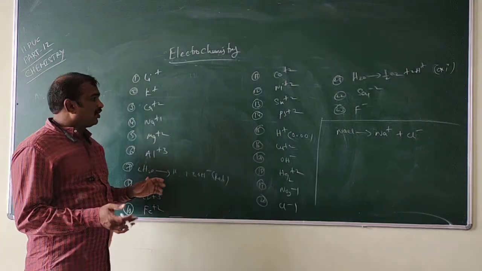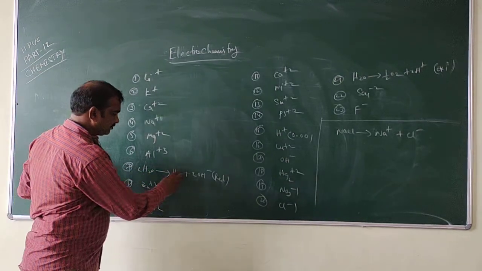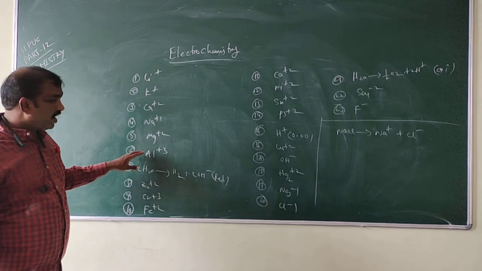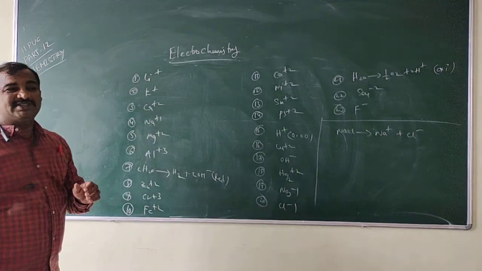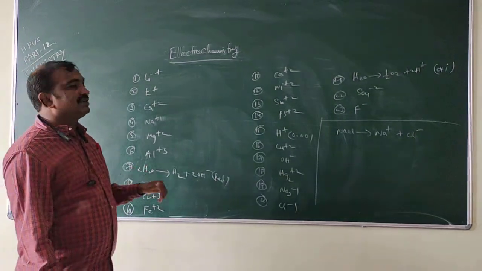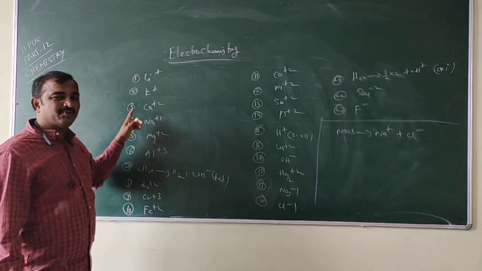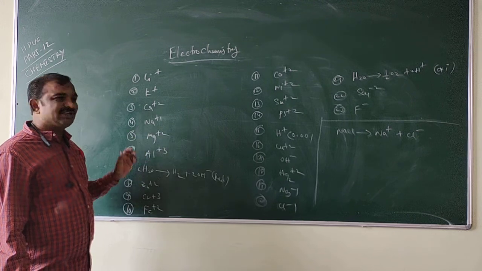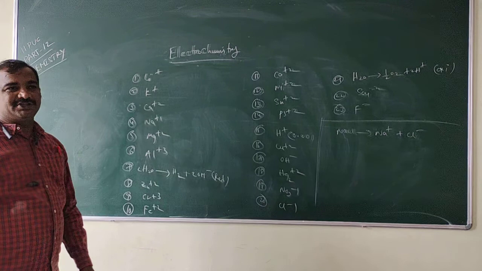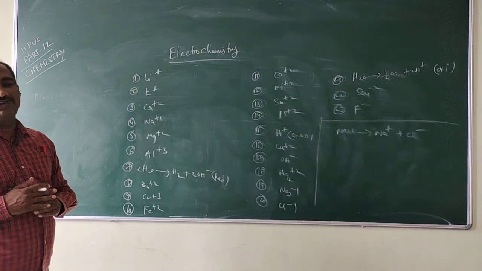Next, how to remember this series? Up to H2O on reduction, all are first group elements, second group elements and third group elements. Li plus, K plus, Na plus are first group, Ca plus 2 and Mg plus 2 are second group, and Al plus 3 is third group.